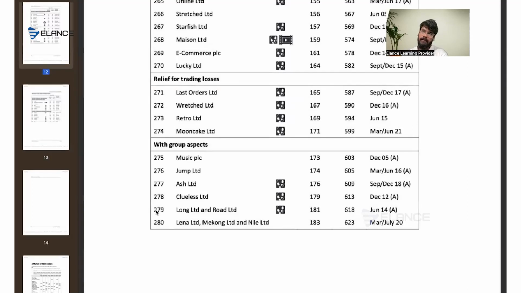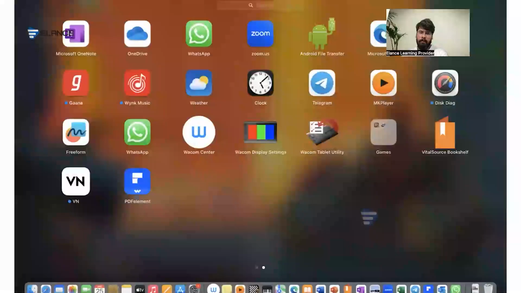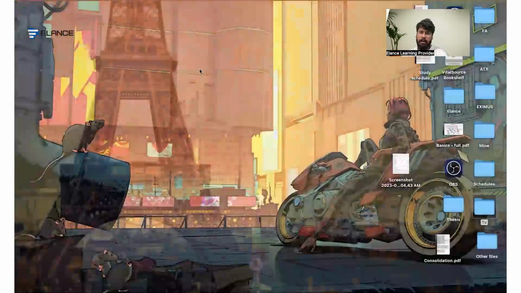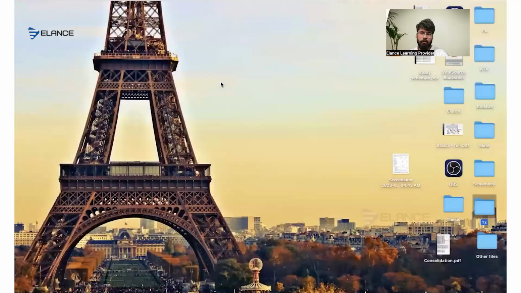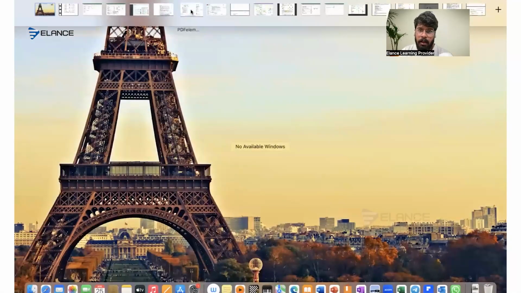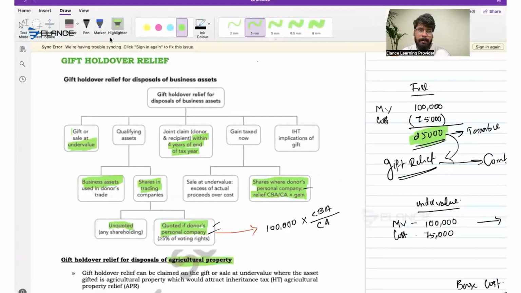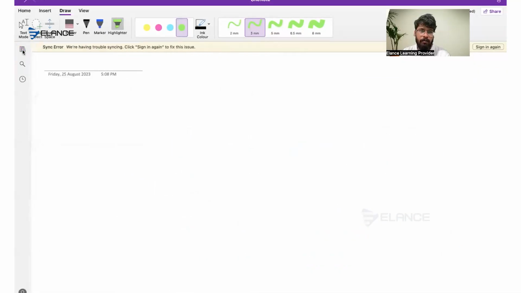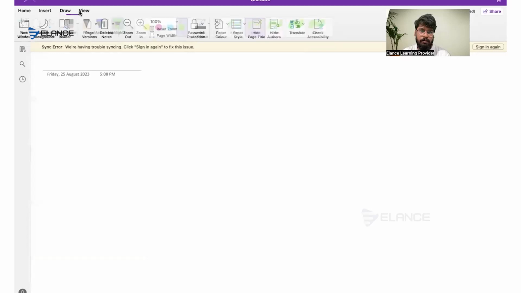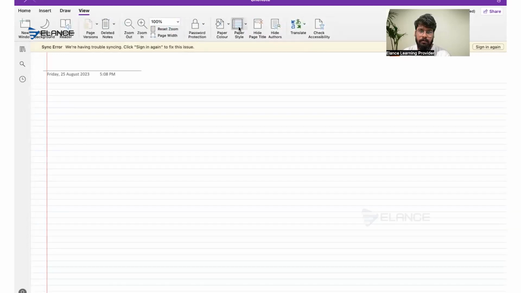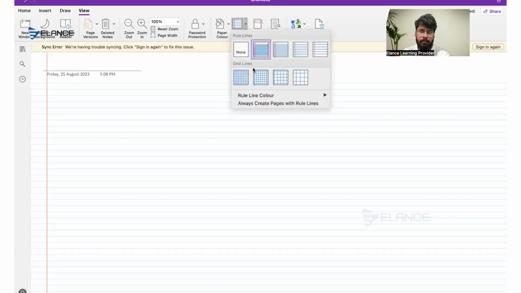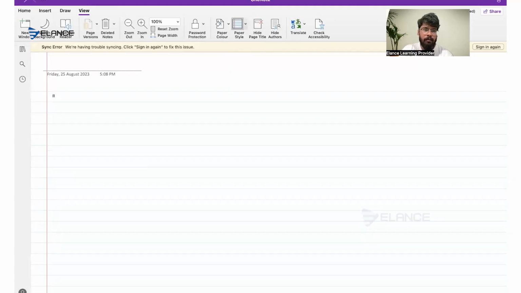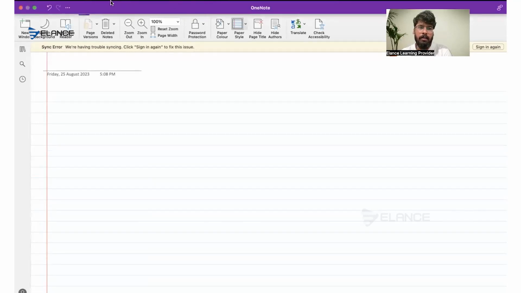So first of all, we can make a small discussion about the group. We have two groups in the corporation tax.